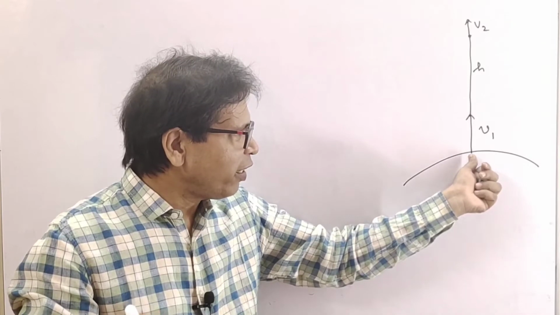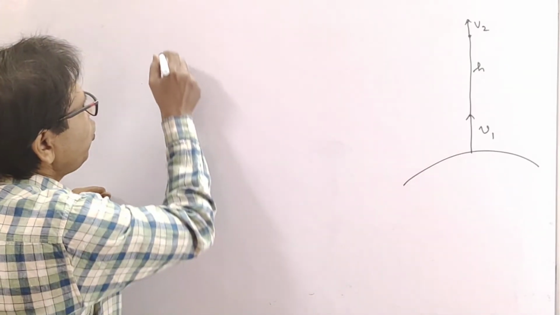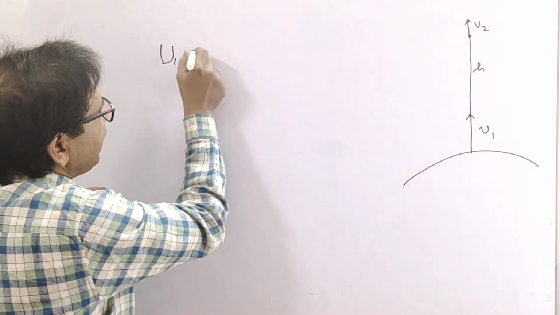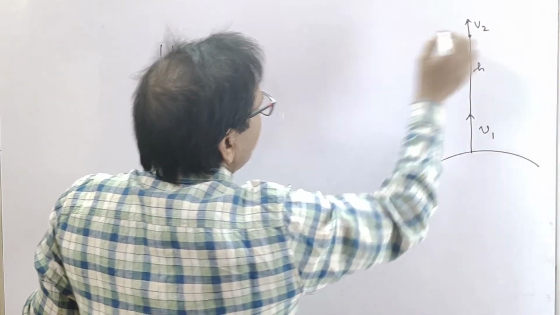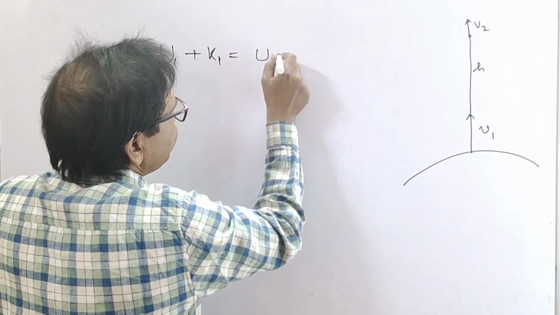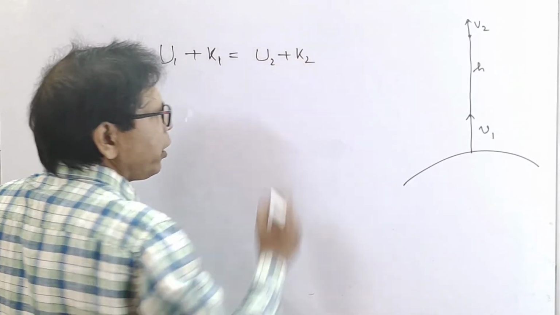So at this point, the potential energy is U1 and kinetic energy is K1, and at this point potential energy is U2 and kinetic energy is K2.